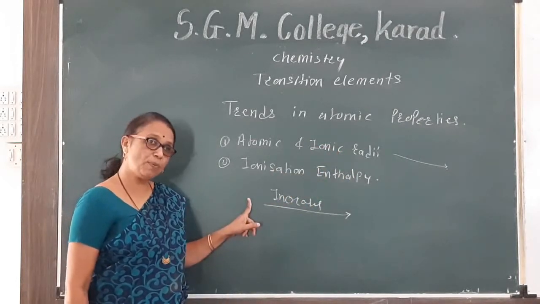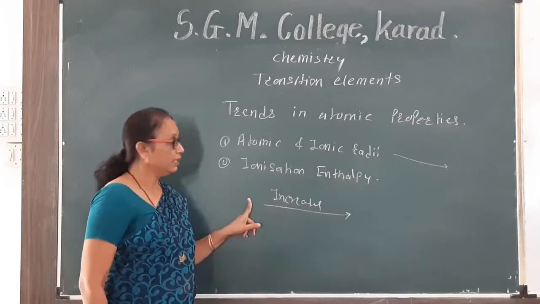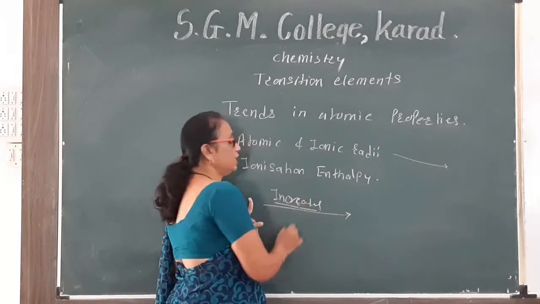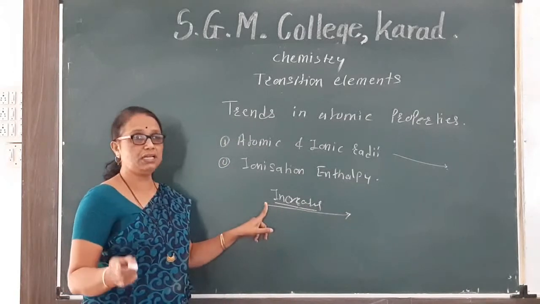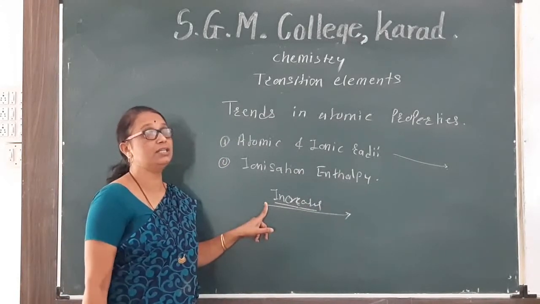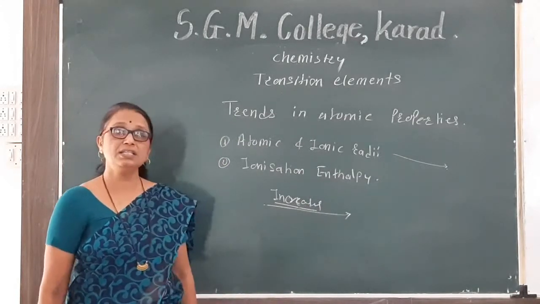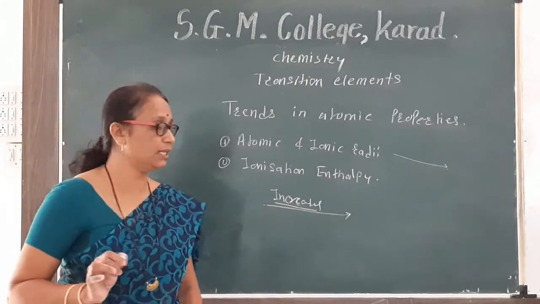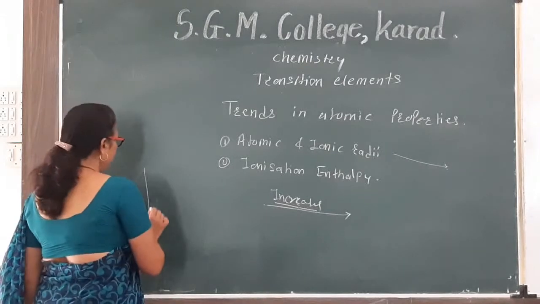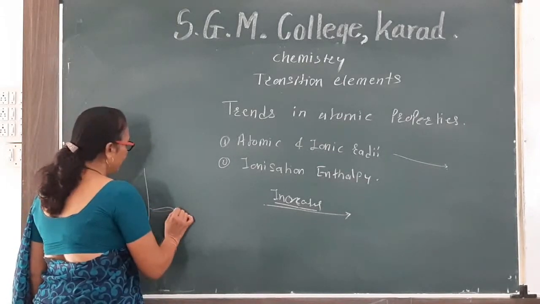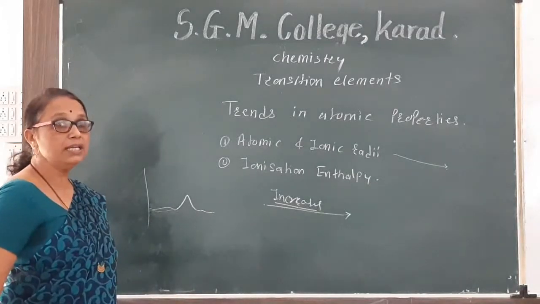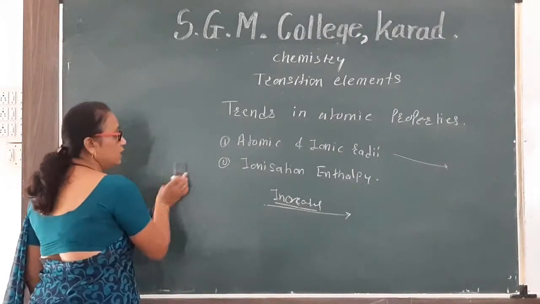But in the case of ionization enthalpy, there is an increase, but this increase is slow, or there are some irregularities in the ionization enthalpy of the 3d transition series. It first increases slowly, then increases, then decreases. That is, there are some irregularities in the increase.